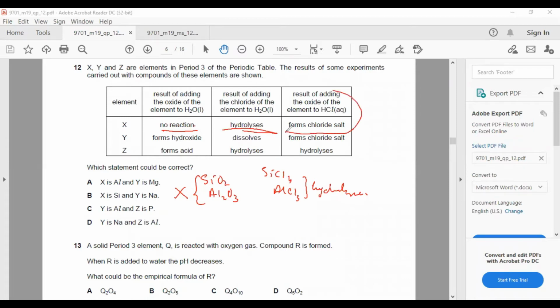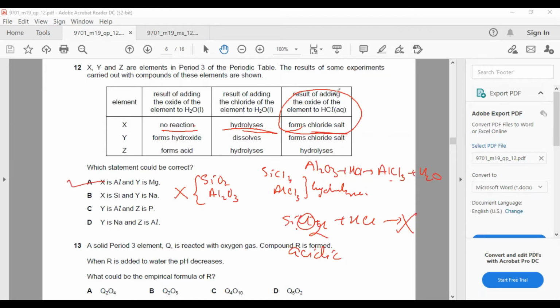But the oxide reacts with HCl. Silicon oxide plus HCl, no reaction, because this is also acidic. Aluminum oxide is amphoteric. Aluminum oxide plus HCl forms the chloride salt, aluminum chloride plus water.